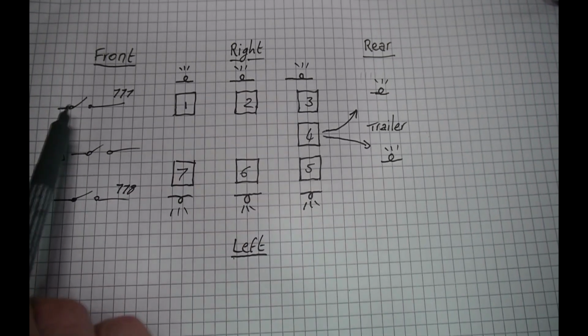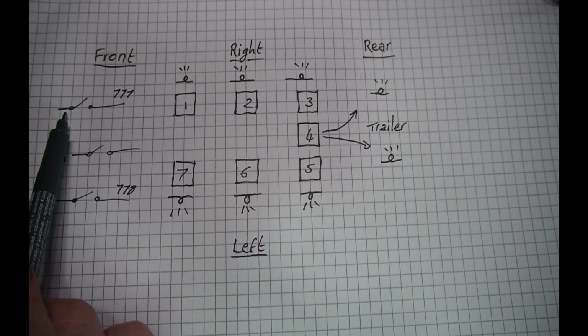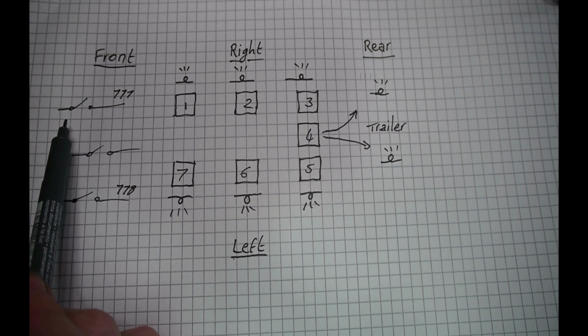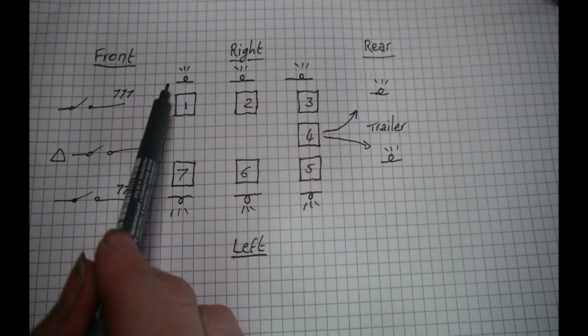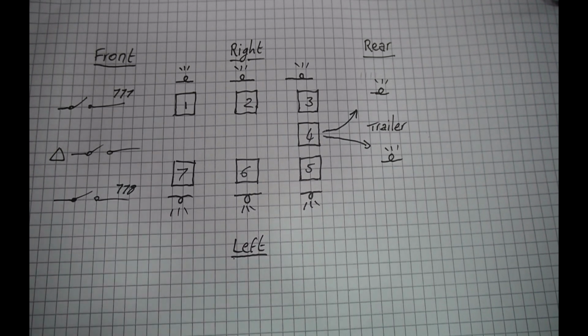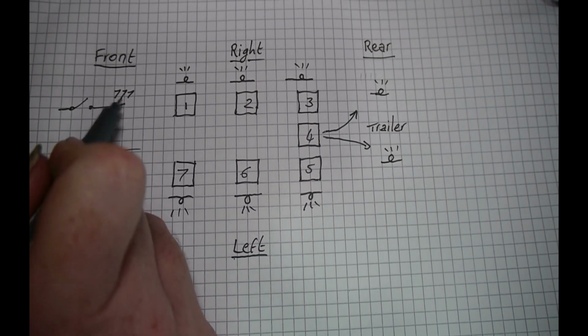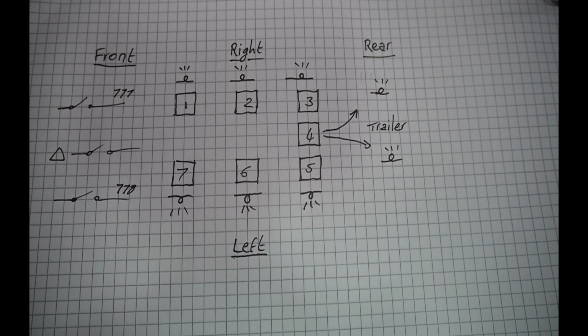And if this movement sensor detects movement, we want to turn on these 4 lights. So it's exactly the same functionality, but it's no longer 777 indicator or turn signal.